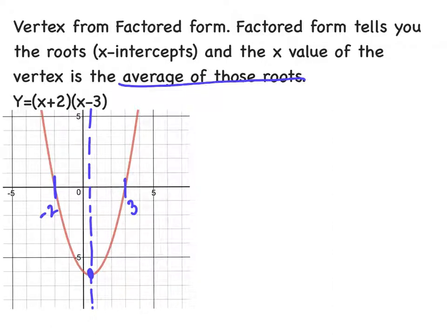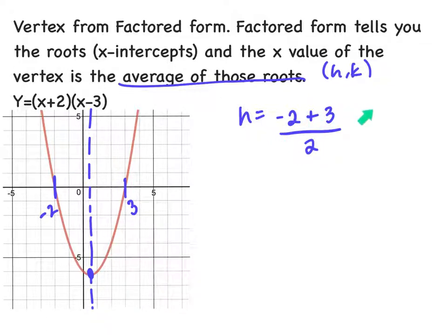So for my h value for the vertex, it is the first root plus the second root divided by 2. The divided by 2 here is because anytime you're averaging numbers, you divide them by how many you have. So if I have 2 numbers here, I'm going to divide by 2.